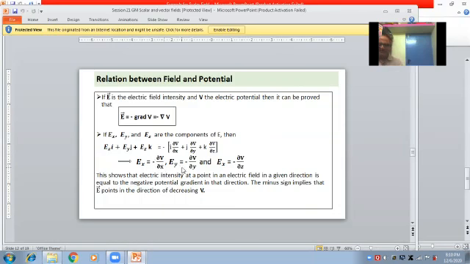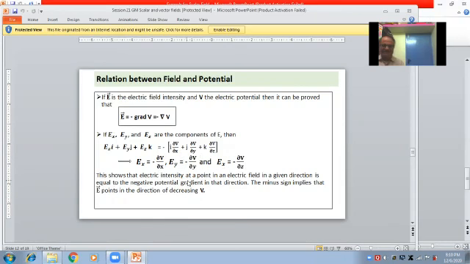And similarly, Ey means it is the rate of change of potential in the y direction. So these Ex, Ey, and Ez are the components of this electric field along the x, y, and z direction.